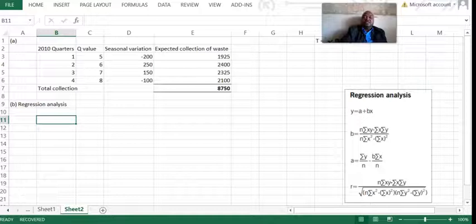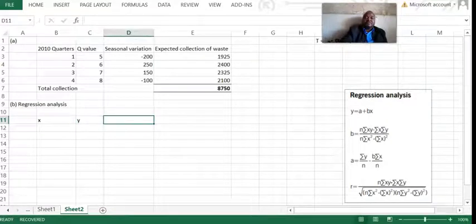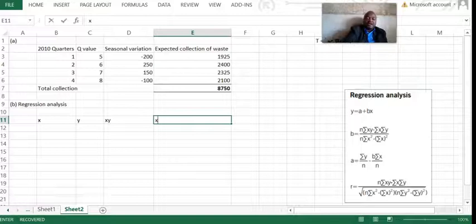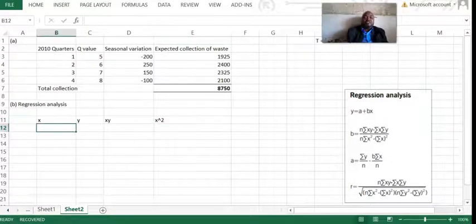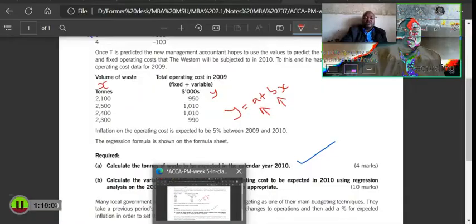So we have got our x, our y, our x, y, and then our x squared. Those are the four values we need.